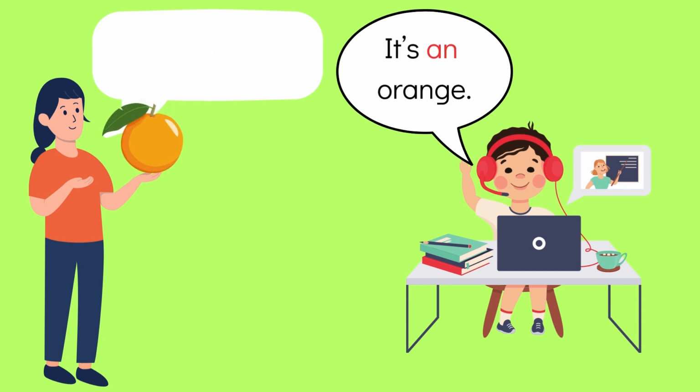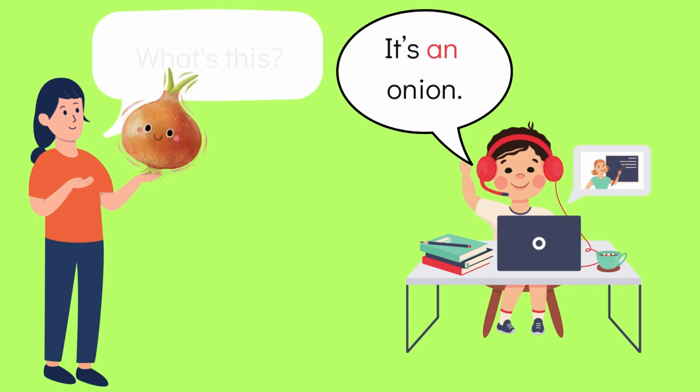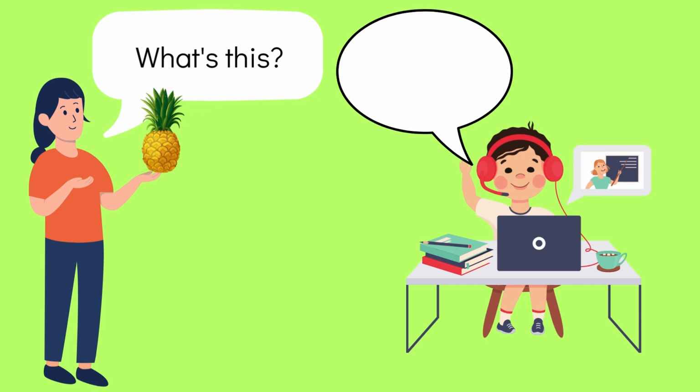It's an orange. Say, what's this? It's an onion. Say, what's this?